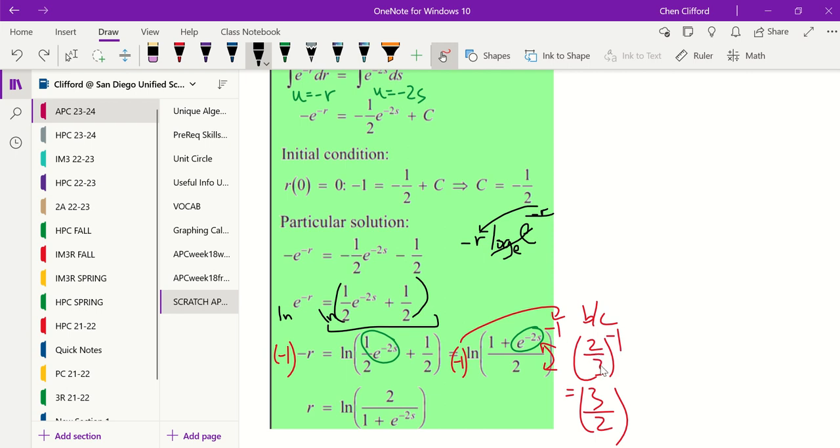Here's an example: 2 over 3 to the power of -1 means you just flip the fraction. So since we can move the -1 coefficient into an exponent of -1, by this same property, we can flip this fraction and get this. And so r equals ln of this flipped fraction. Hopefully that answers number 8, folks.